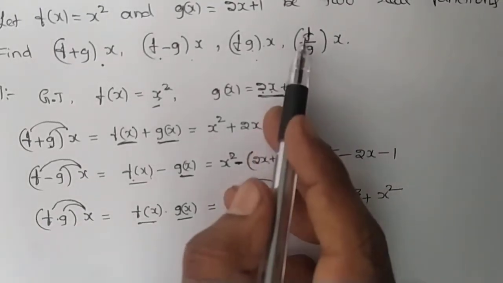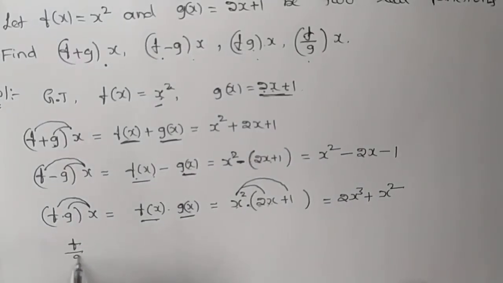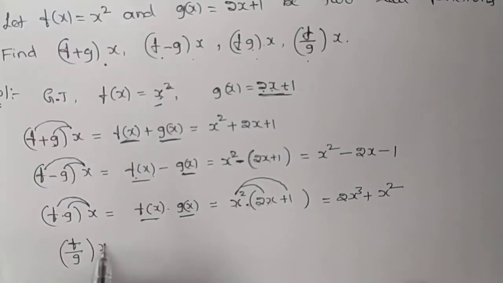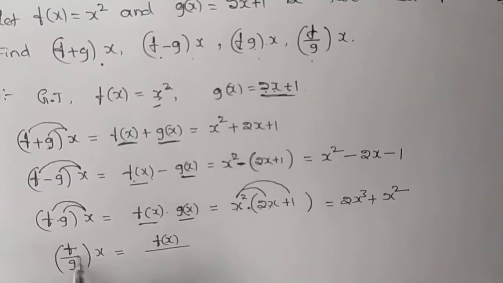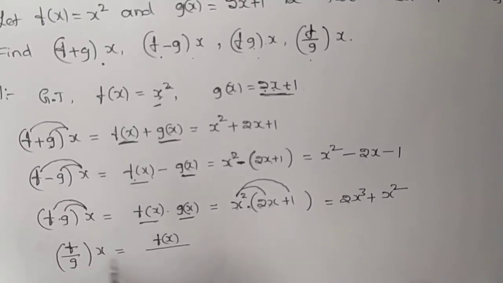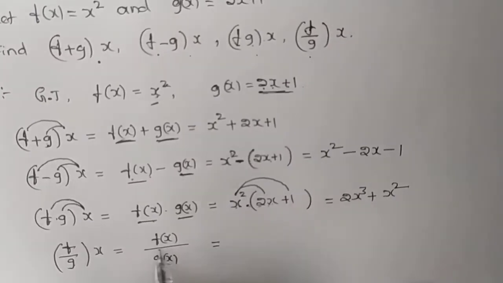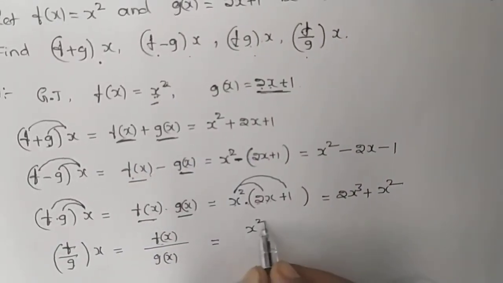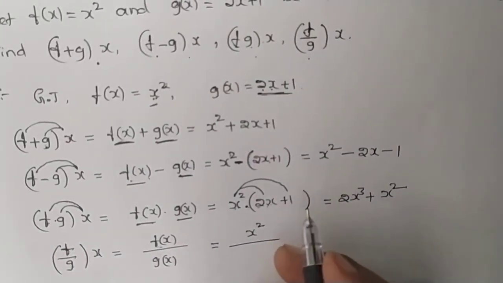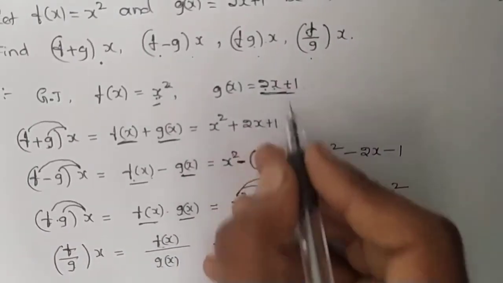Next, let us find out f by g of x. f divided by g of x equals f of x divided by g of x. f of x is x square divided by g of x, which is 2x plus 1.